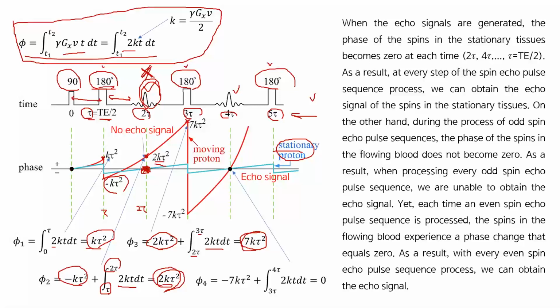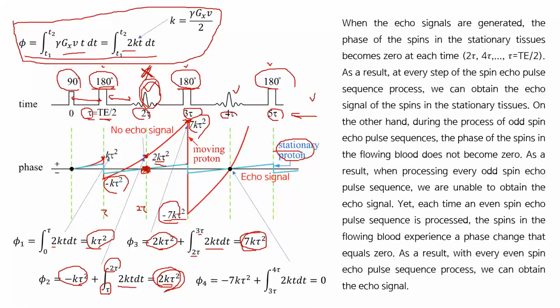So at this moment, 7k tau square phase change here. Stationary spins have linear phase change, and at this moment, the second 180-degree pulse is applied, and so this phase change will change sign.